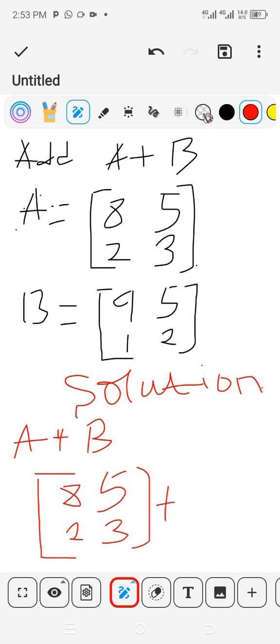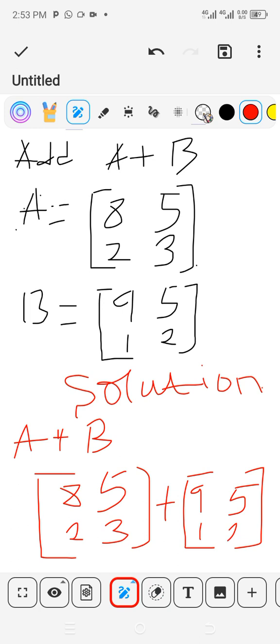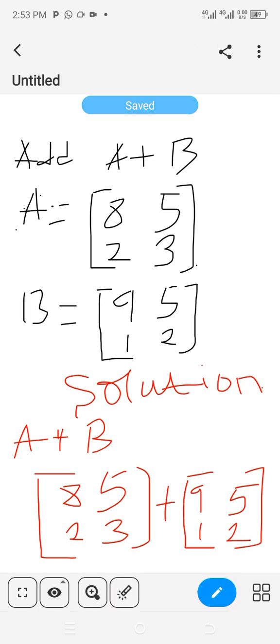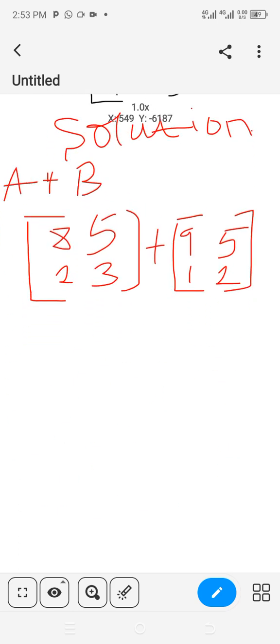Plus the elements of matrix B, we have 9, 1, 5, 2. So what are we doing here? Or what do we want to do? We just want to add them. So how do we go about it?